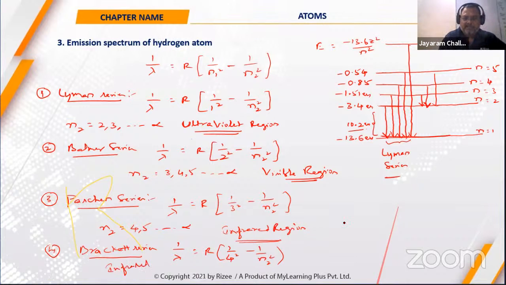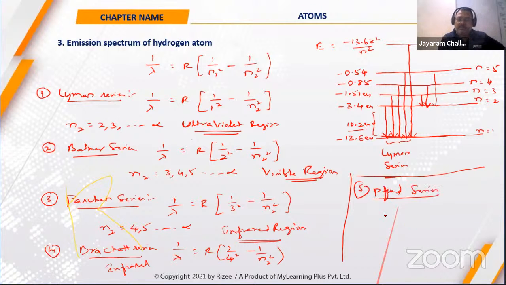Your last type of series, the fifth type, is called the Pfund series. In the Pfund series, there will be a transition of electrons from any higher orbit to the fifth orbit.